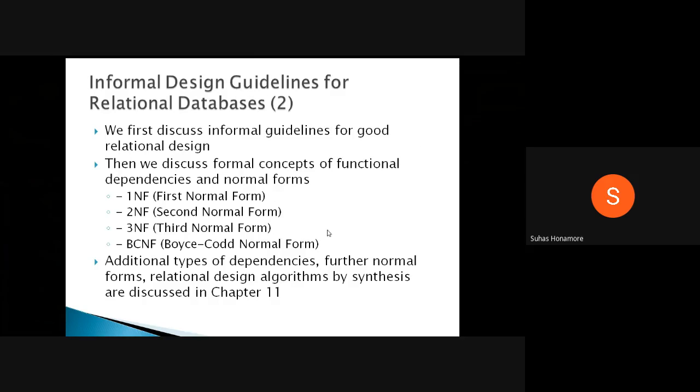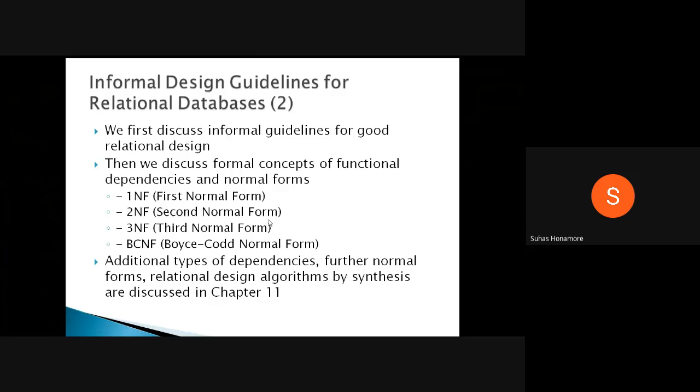After informal guidelines we'll study the formal guidelines, depending on functional dependencies. What is a functional dependency and how it works, we'll see. Then depending on these functional dependencies, you will have 1NF, 2NF, 3NF, BCNF. We will derive all those and check which normal form a relation is in.